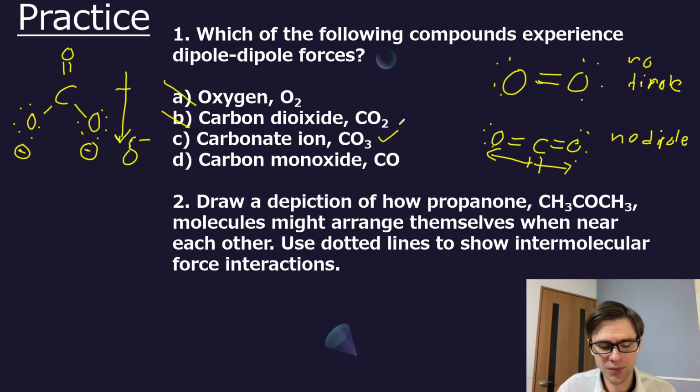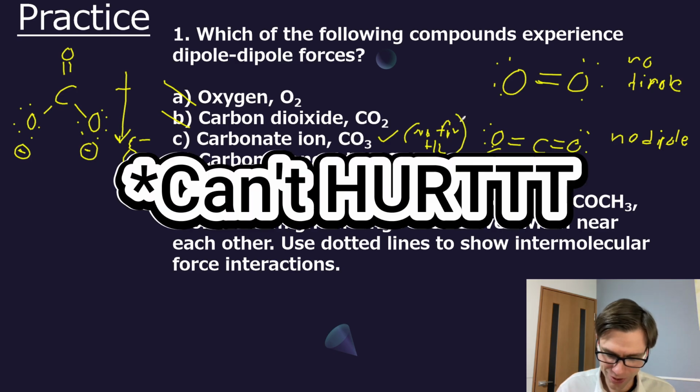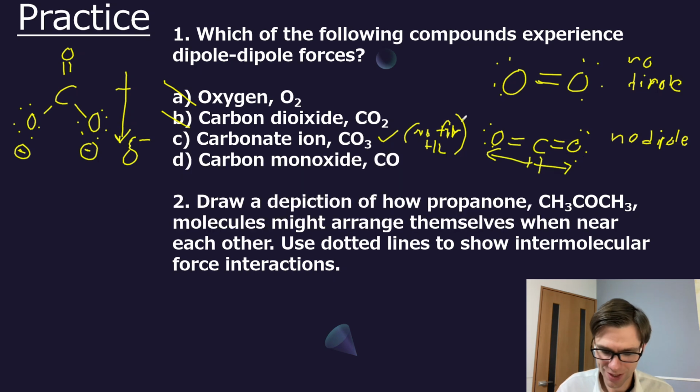But if you're in HL, you will know that the double bonds and negative charges actually average out through this molecule in such a way that all the vectors cancel out, and it is not polar. So, no for HL students. If you studied resonance, you should know this. And SL students, it can't hurt to learn the truth.